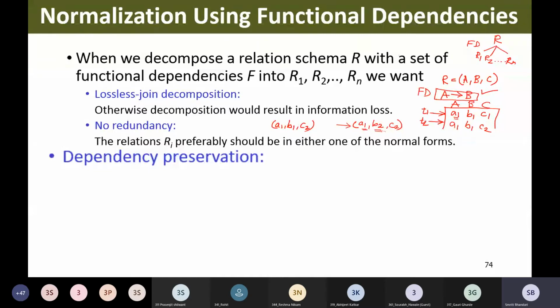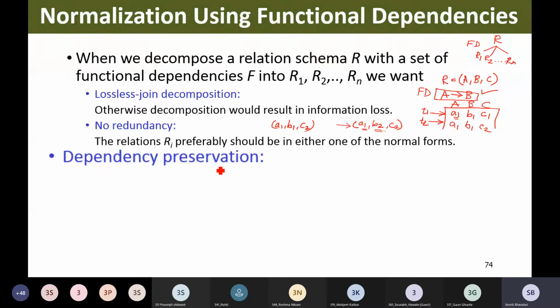So we want a system such that this testing of functional dependencies for their violation is efficient. And if we want this testing efficient, we want to preserve the dependencies.